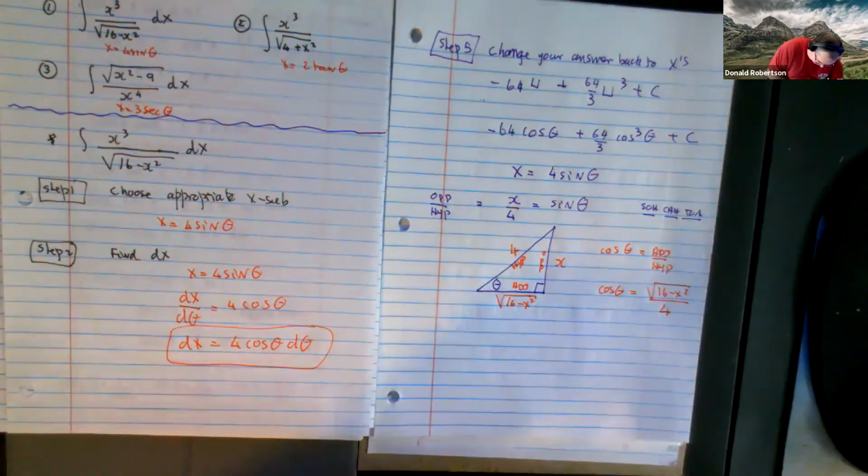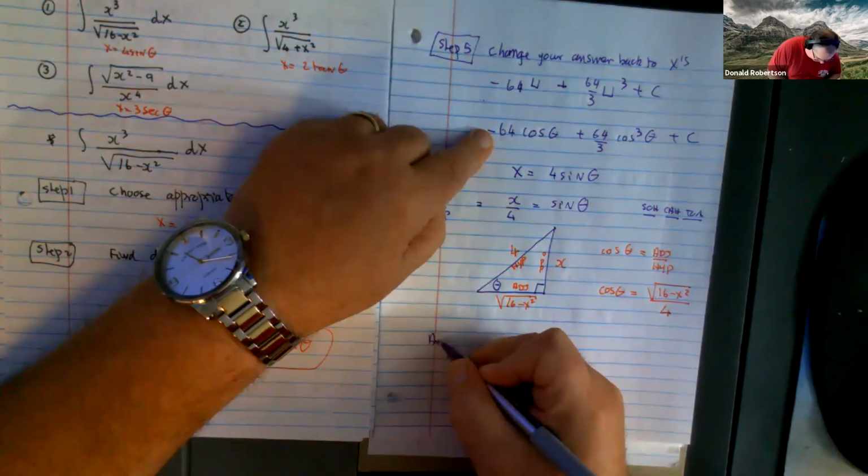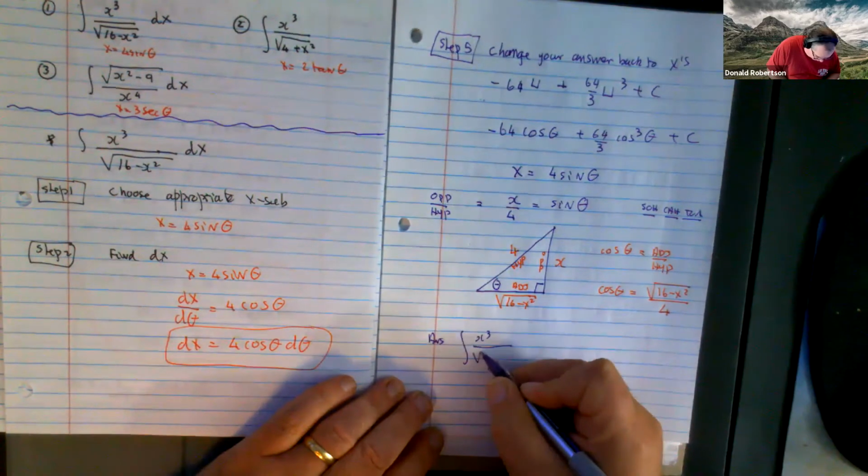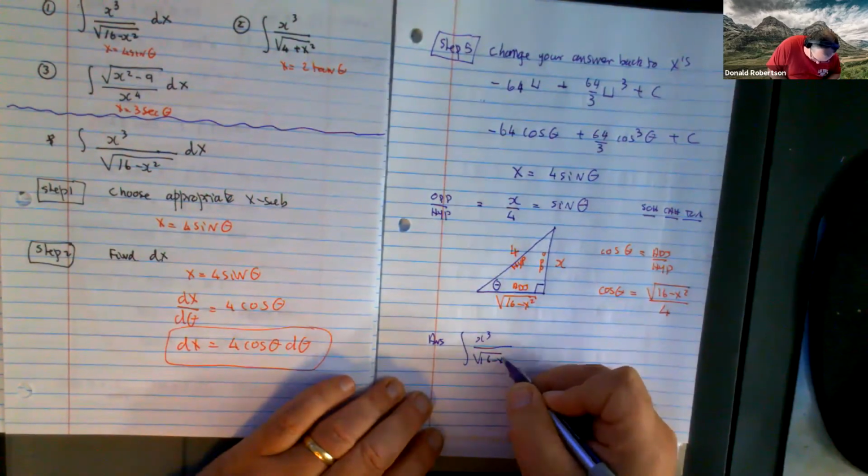So our answer, this is our answer up here, right? The integral of x cubed over the square root of 16 take away x squared dx, that's the question.